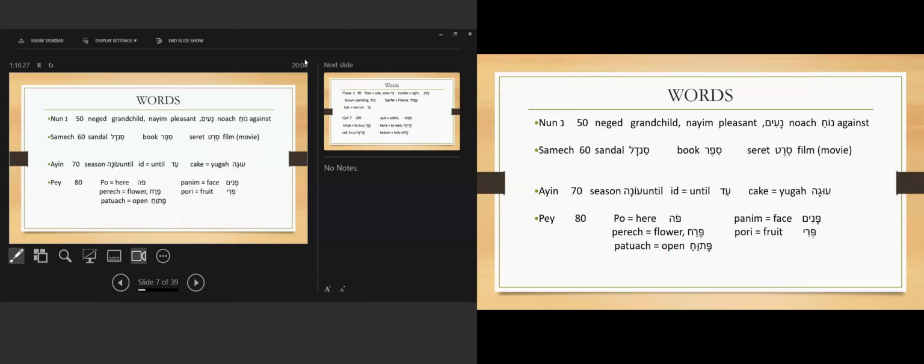Seret is a film in a movie. It's not the film that you put in your camera, but it is the film that you look on the screen. It's the TV movie, a seret, right? That's samech. Okay?